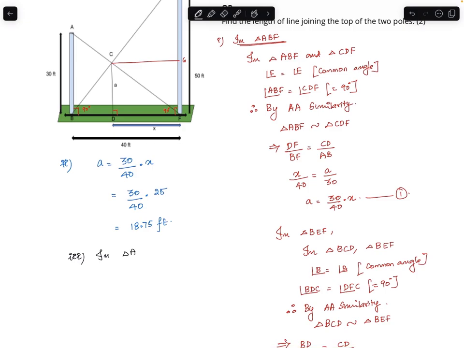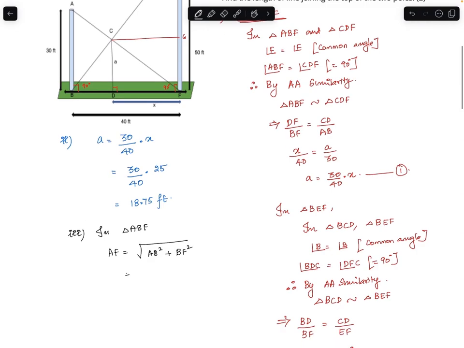In triangle ABF, AF is equal to square root of AB square plus BF square, which is root of 30 square plus 40 square, that is 900 plus 1600, which is nothing but 50. That is AF is 50 feet.